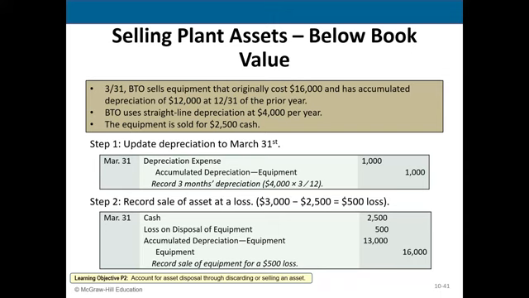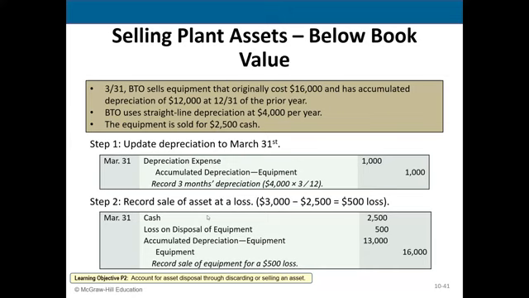How do we figure $500? Its book value at the time is $3,000 minus the $2,500 in cash that we sold it for. It gives us a $500 loss. We debit accumulated depreciation 13,000, credit equipment 16,000. Okay, so that's what happens when we dispose of an asset.